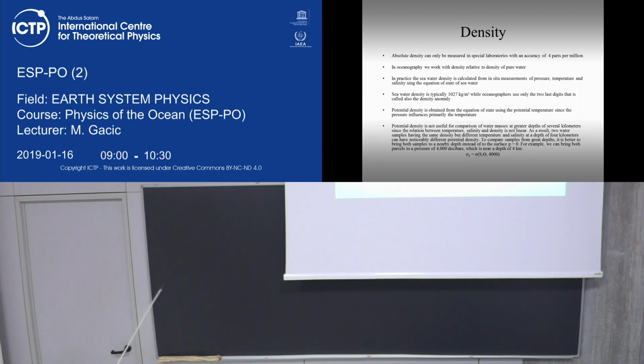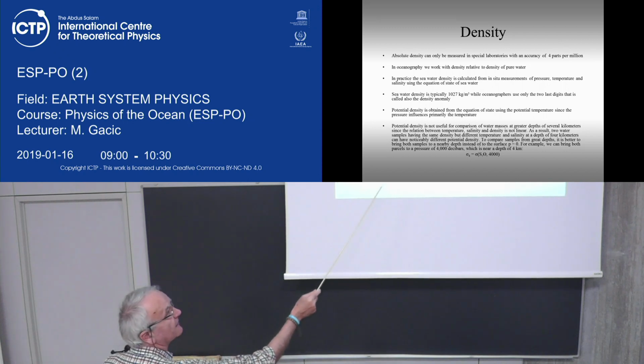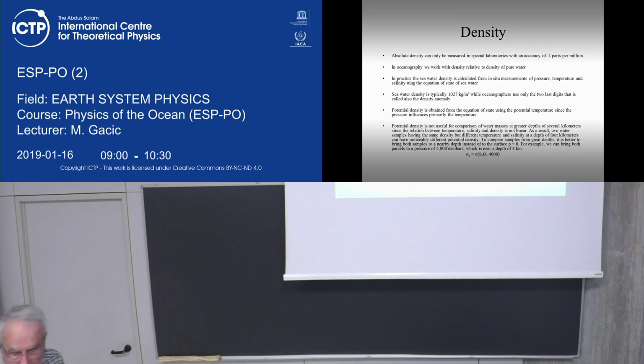And in oceanography, we work with density relative to the density of pure water. The density of pure water is 1, at 4 degrees Celsius. And the density of seawater is typically 1027 kilograms per cubic meter. So it's like 27 parts per thousand heavier than the pure water.